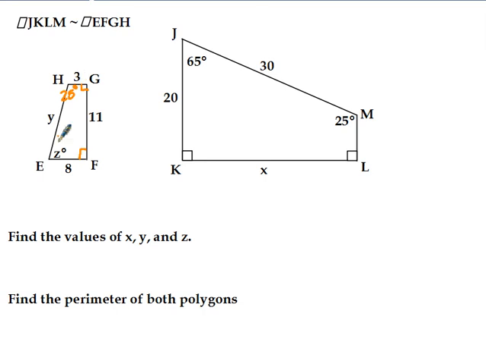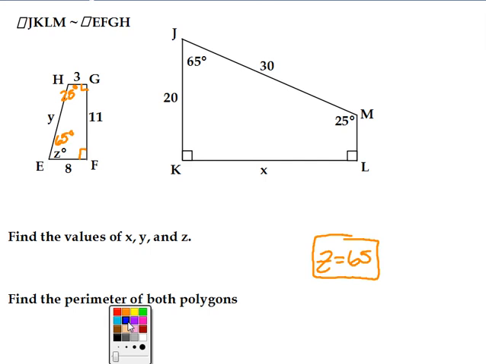Okay, so I need to find the values of X, Y, and Z. Well, I already have Z. Z is 65. So now let's find X. So X is here, side KL. Okay, so I'm going to set up a proportion.